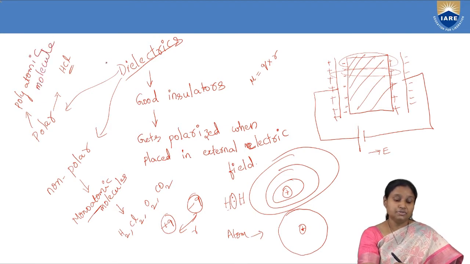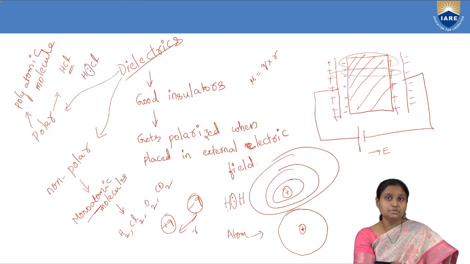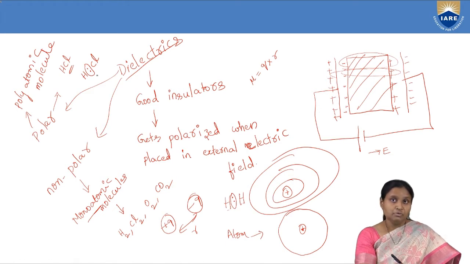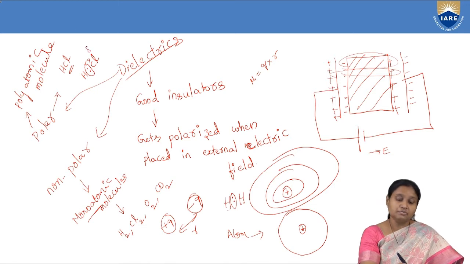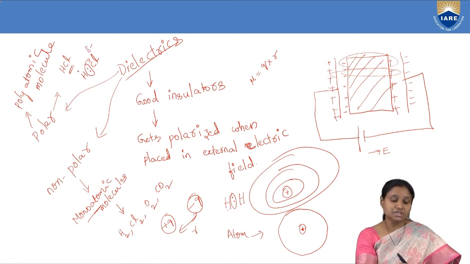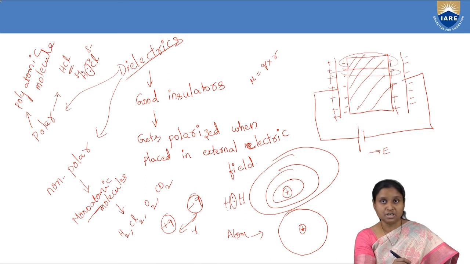If we take hydrogen chloride, the hydrogen and chlorine atoms come together and form a hydrogen chloride molecule. But we know that of these two atoms, chlorine is highly electronegative, so it will pull the pair of electrons towards it, and because of this chlorine will gain a partially negative charge, and hydrogen will gain a partially positive charge.